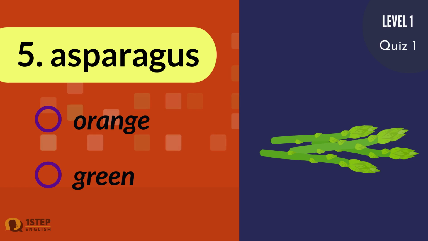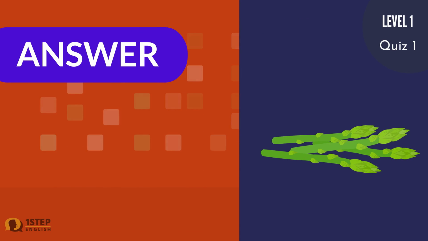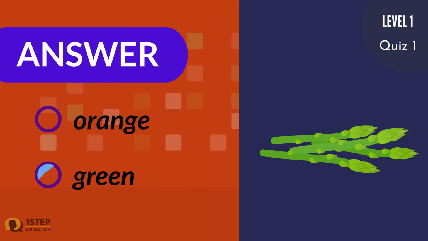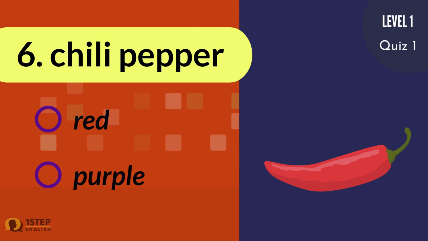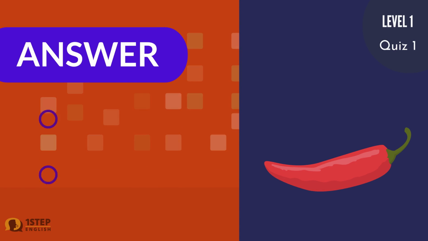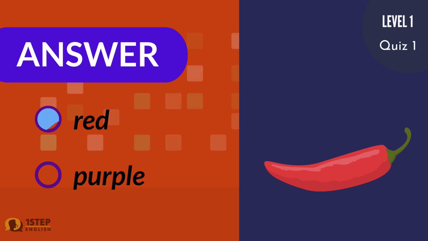Number 5. Asparagus. The answer is color green. Number 6. Chili pepper. The answer is color red.